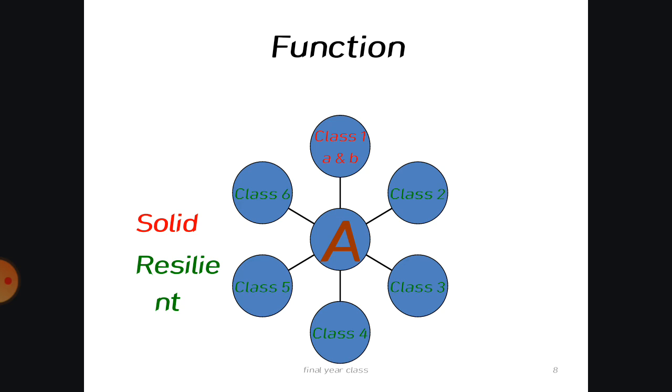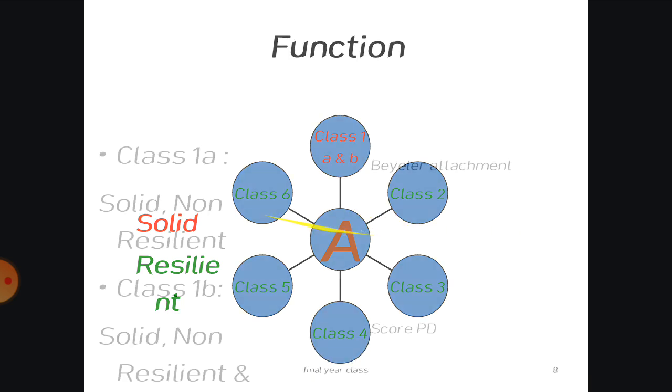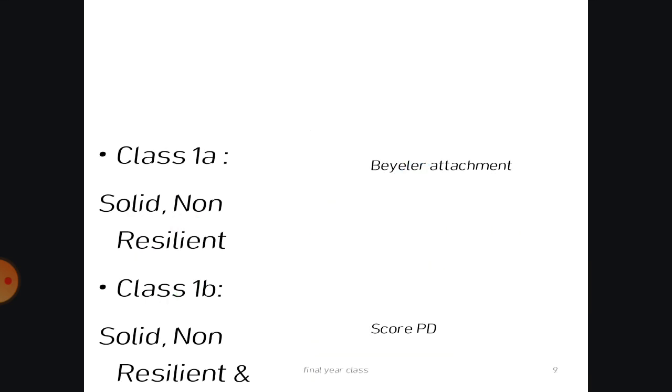So you need to remember this classification, and you need to remember the examples of attachments which come under each classification, which we will be seeing in the next slides. Under class 1A, that is rigid and non-resilient, it is just rigid.